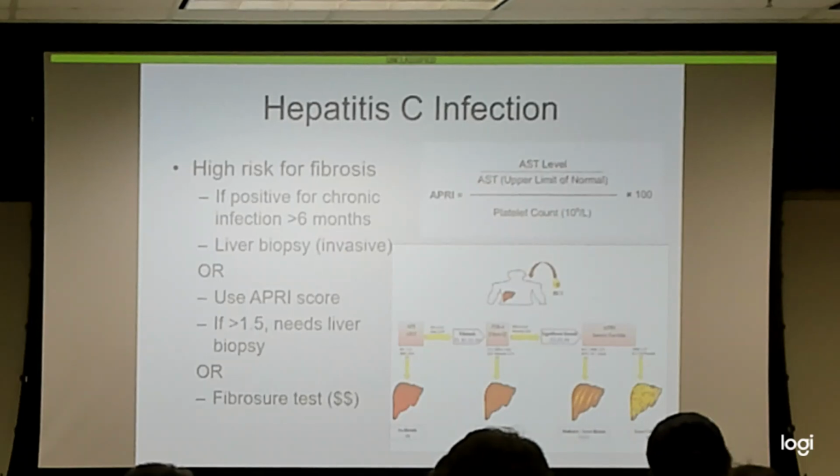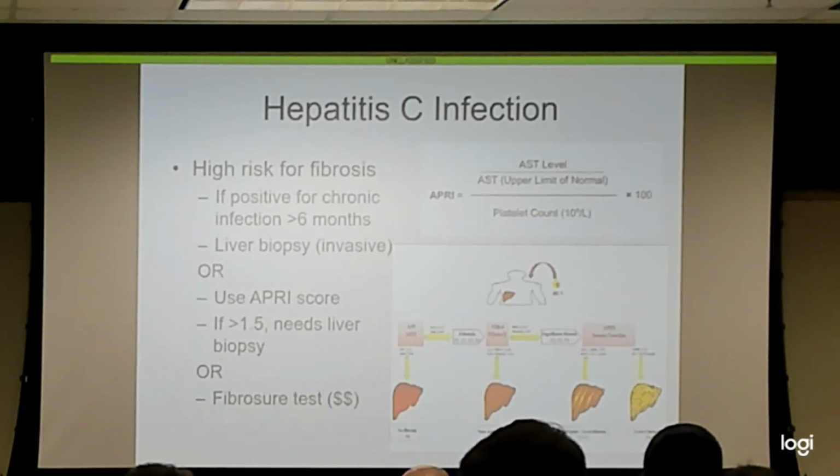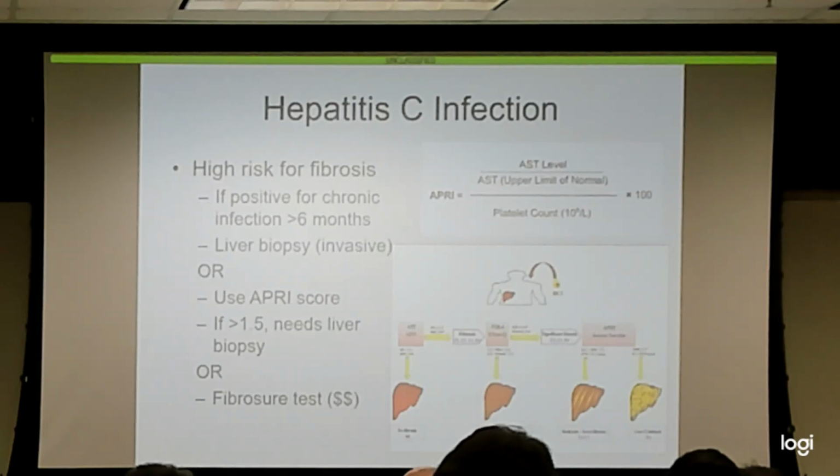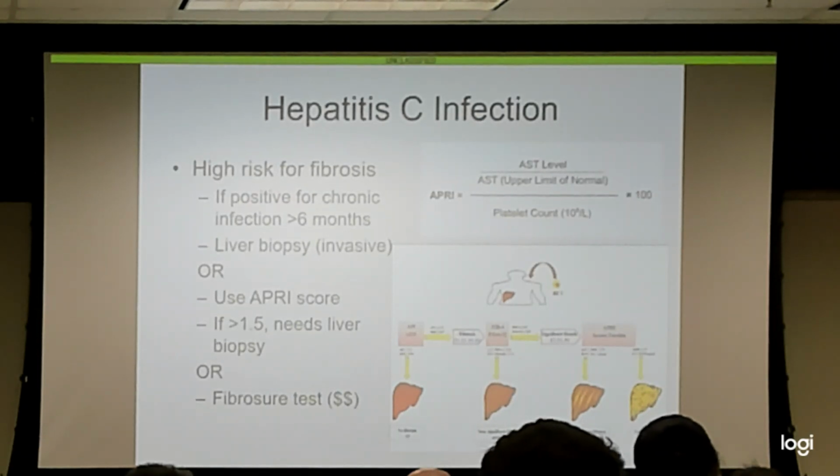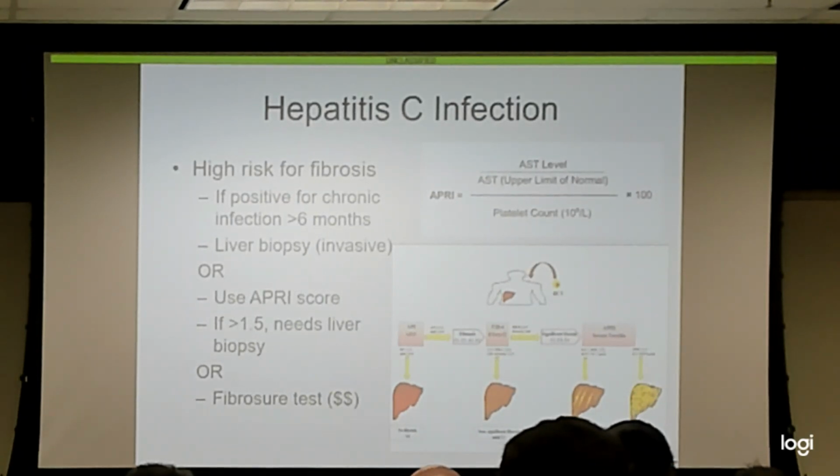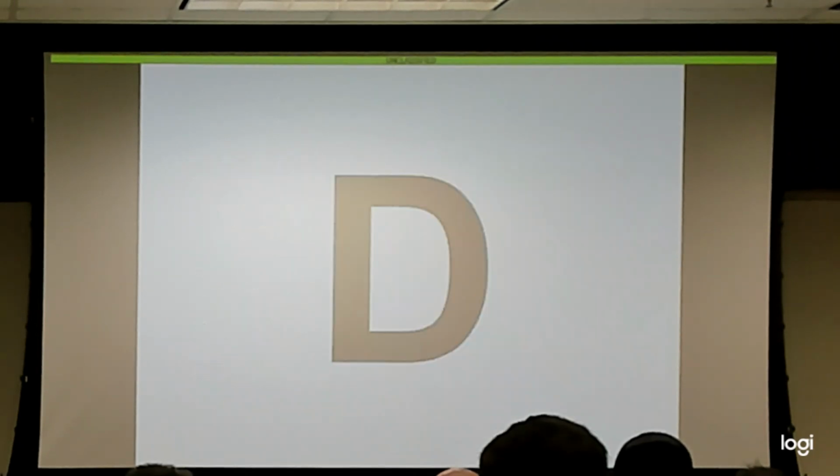To determine if you need to do a liver biopsy, you can use the APRI score. You take the AST divided by the AST upper limit of normal, divide that by the platelets, and multiply by 100 and you get an APRI score. An APRI score greater than 1.5 means a liver biopsy.